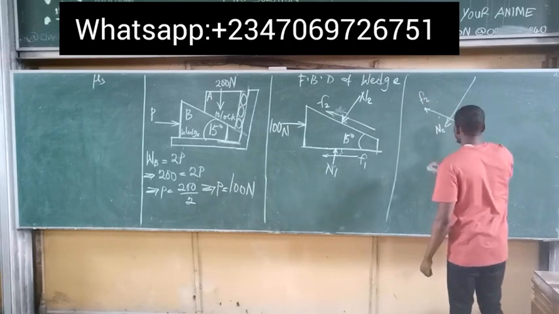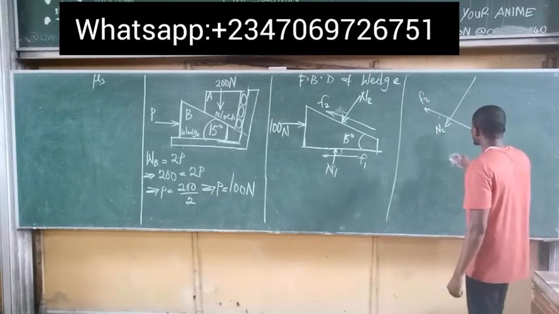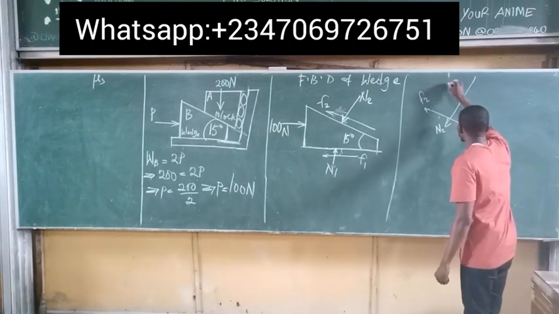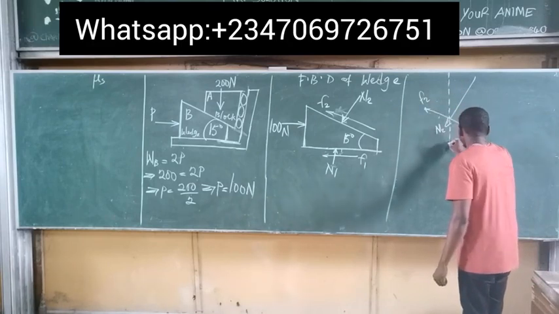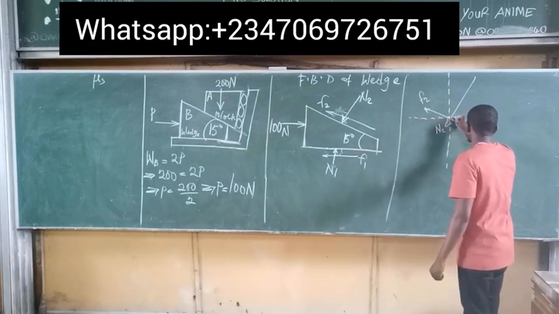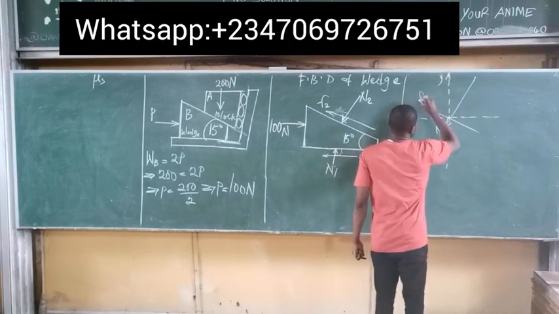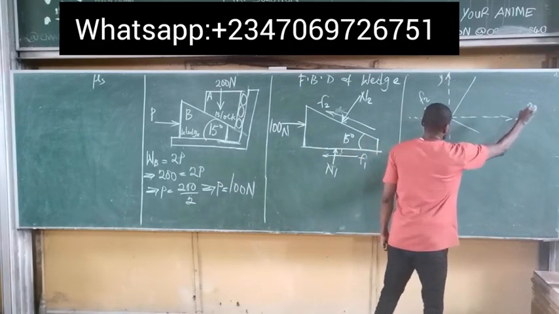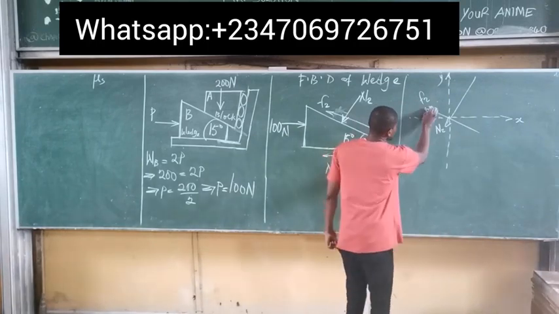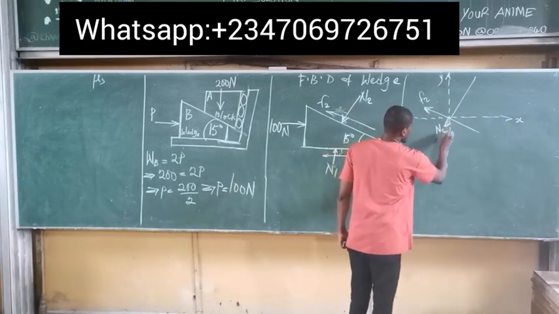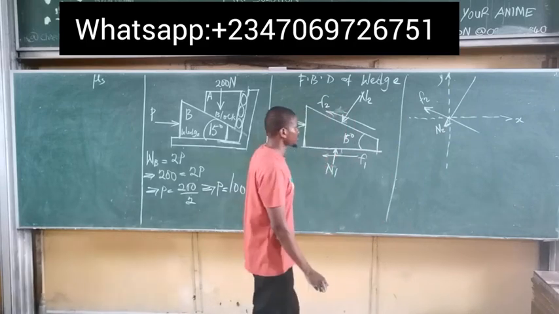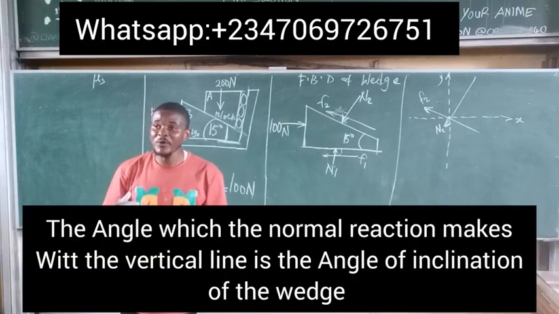So all I need to do is drop an imaginary line, one vertically and one horizontally. This is simply my y-axis and this is my x-axis. This is the frictional force and this is the normal reaction.